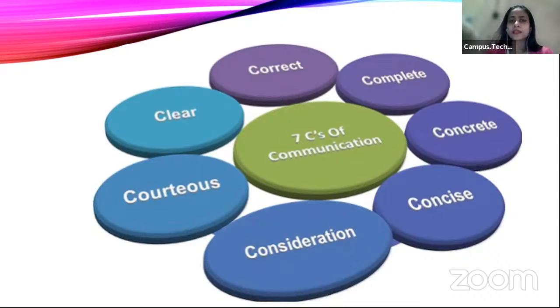What's the use of saying it should be correct? Why can we not deliver any random fact or figure without validating its truthfulness, without validating that the information is right or wrong? Why do we need to have complete information? Why should incomplete information not be shared? So we will be discussing these things.